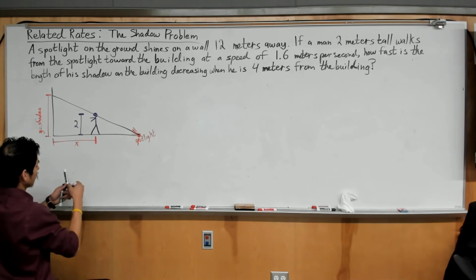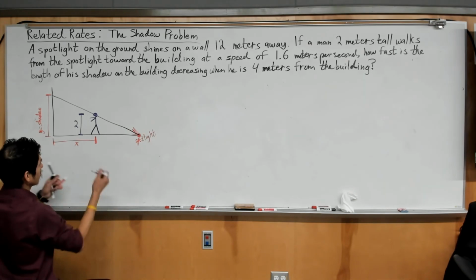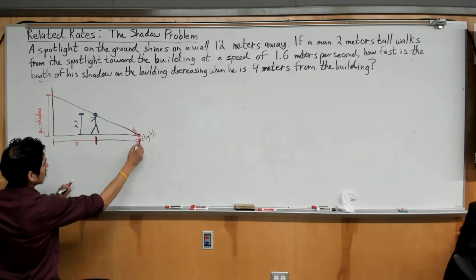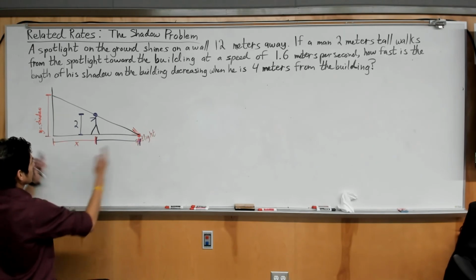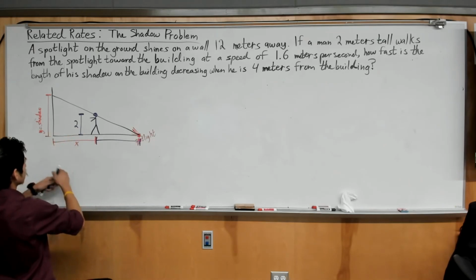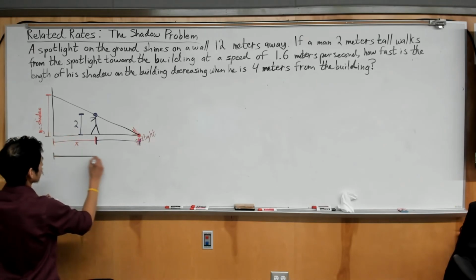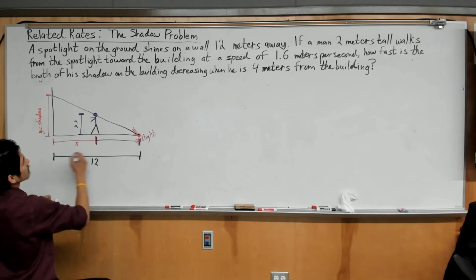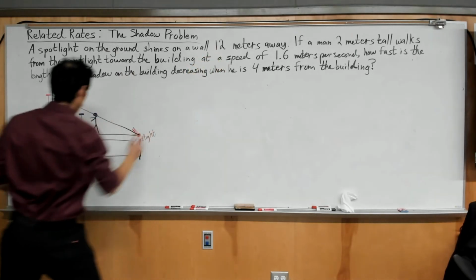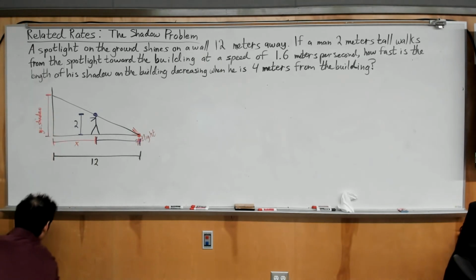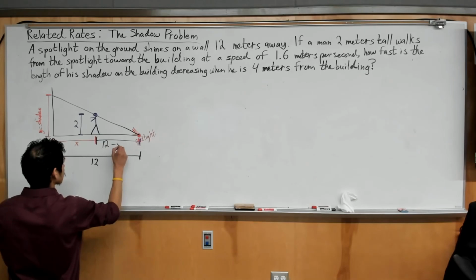And the distance from here to the spotlight will be 12 minus x, because the total distance of the spotlight from the wall is 12 meters. This entire distance is 12. That's what's given to us at the beginning. So if this is x, then this will be 12 minus x.